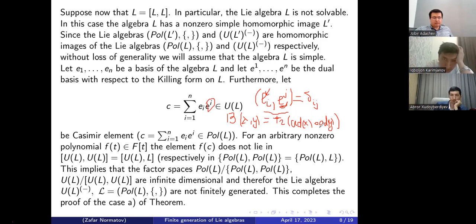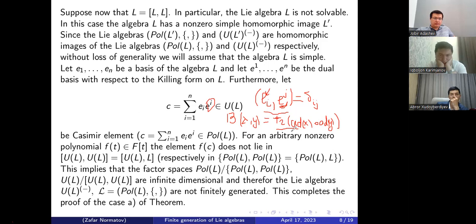For example, in a two-dimensional vector space you have E1, E2, and this new basis F1, F2. This new basis is a basis of the same vector space, without linear mappings. But there is the following relation: the Killing form of E1 and F1 is equal to 1, and the Killing form of E1 and F2 is equal to 0.